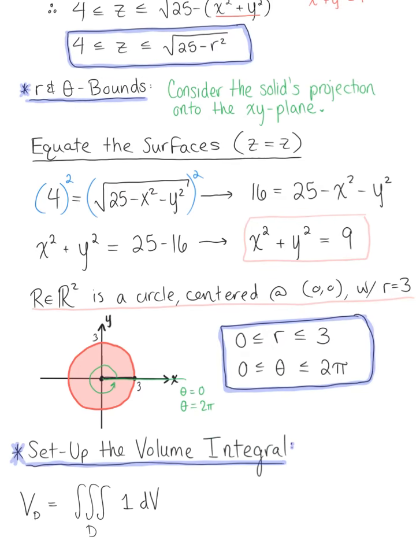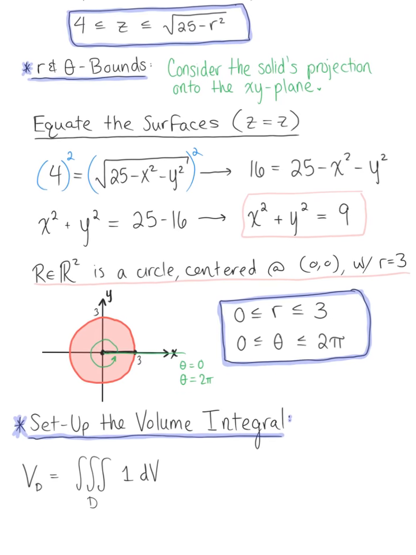We know that the volume of this solid region D in space is defined by a triple integral over that region D with an integrand of 1 and our volume differential dV. For the bounds we just found, the outermost integral is with respect to theta, from 0 to 2 pi.